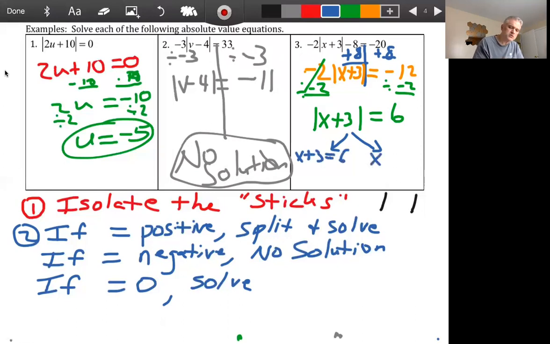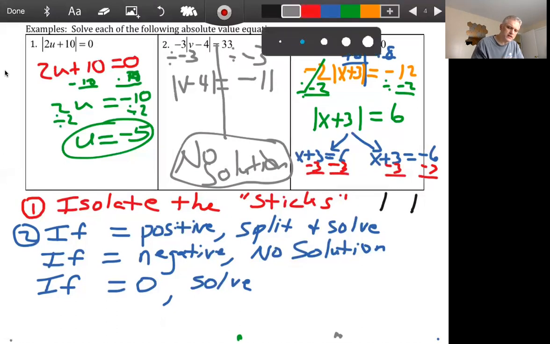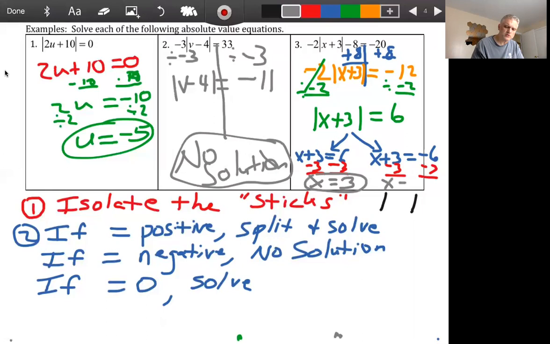But x plus 3 could also be -6, because the absolute value of -6 is 6. For both of these, we subtract 3 from both sides. So x equals 6 minus 3, or 3. Here we've got x equals, notice this one's not -3, -6 minus 3 is -9.